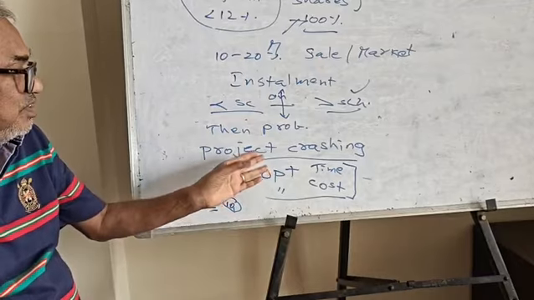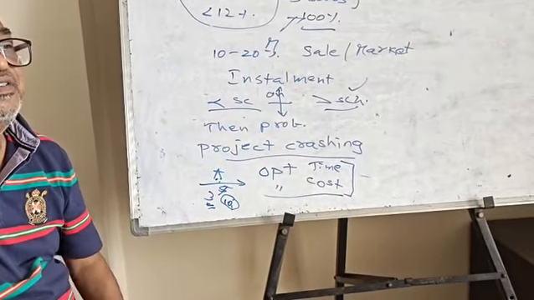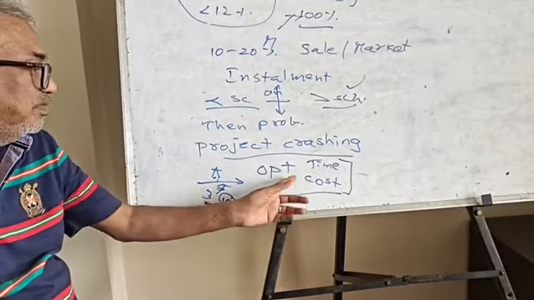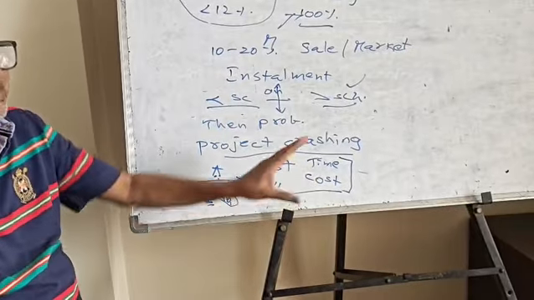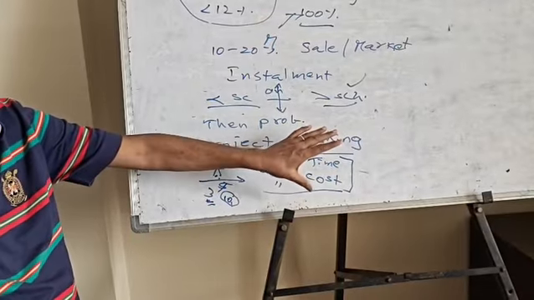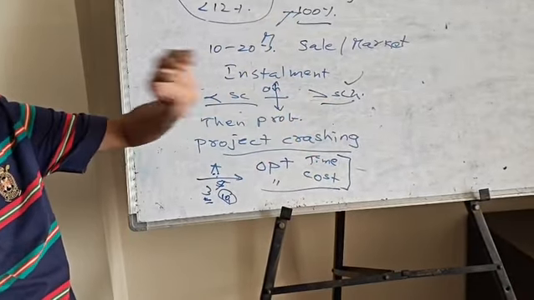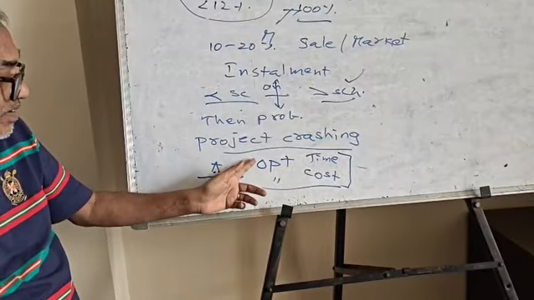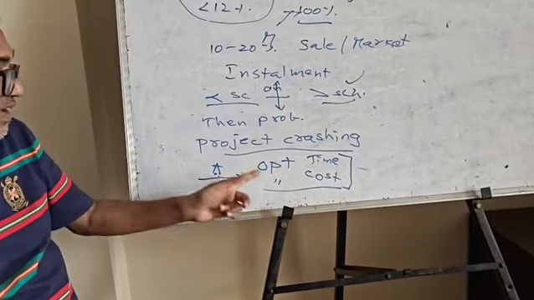This is one of the most important aspects and a very difficult chapter in project management: how to calculate the optimum cost and optimum time. This is associated with every project. I am telling you, wherever you do any project network, these two things are associated. So we can try to get this by solving a problem.